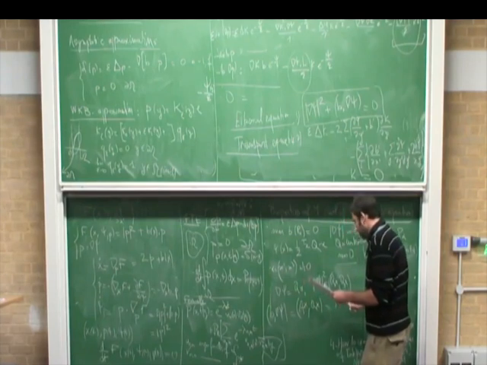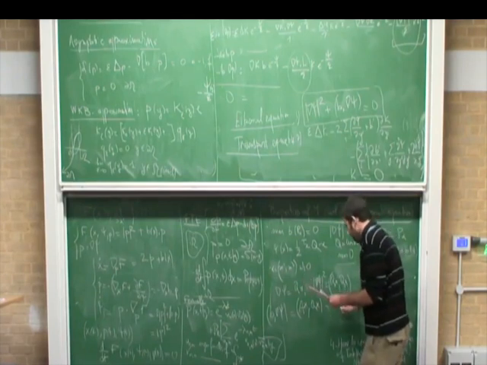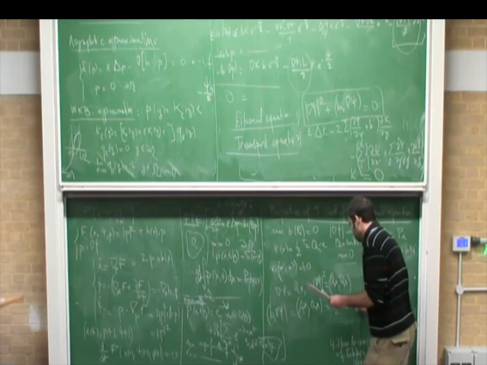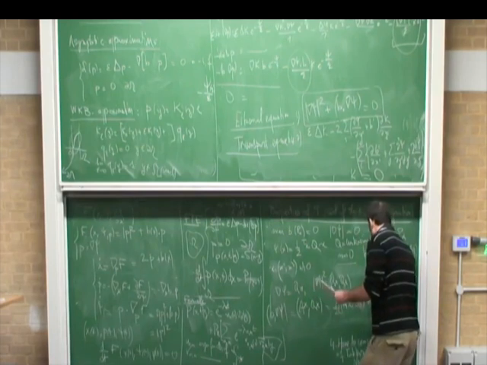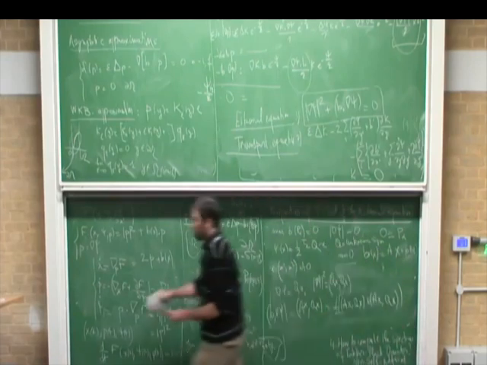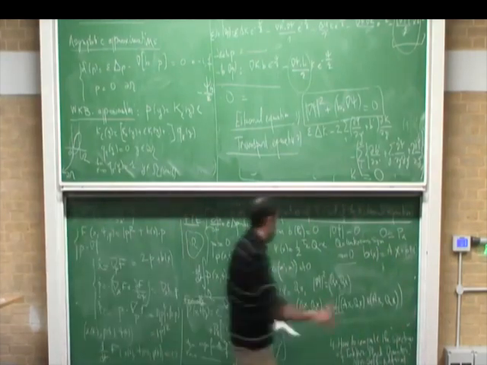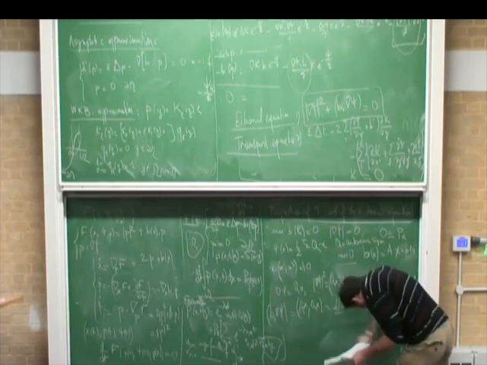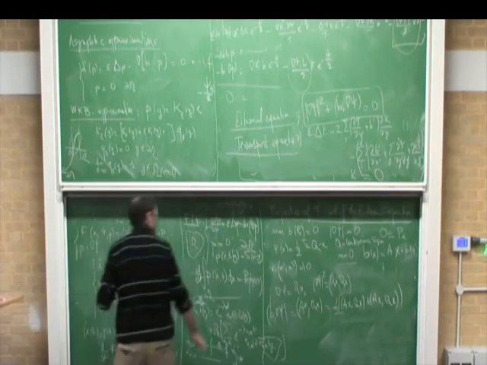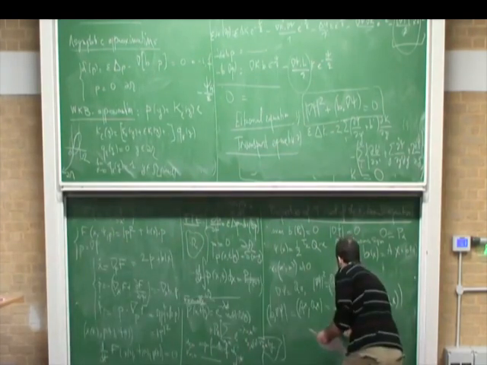So let me write it: this is 1/2 of Ax Qx plus the same thing, Ax Qx. And now I'm going to use the transpose of the matrix. So this is going to give us 1/2.